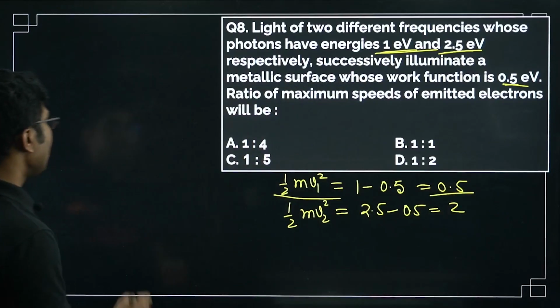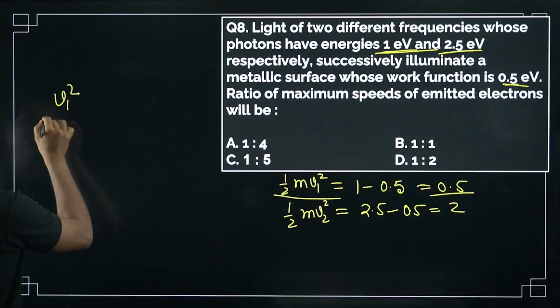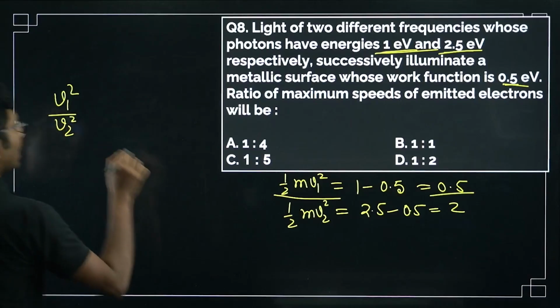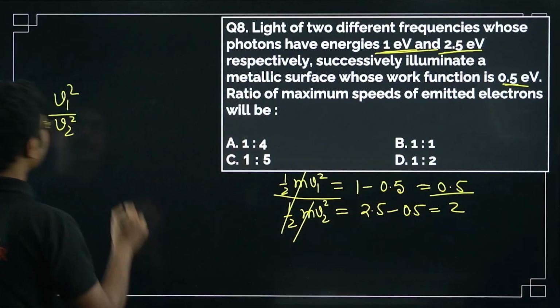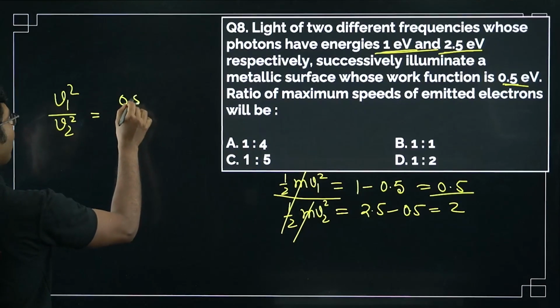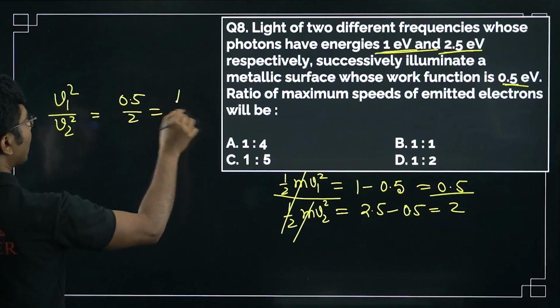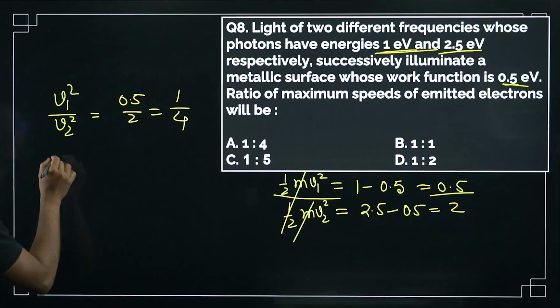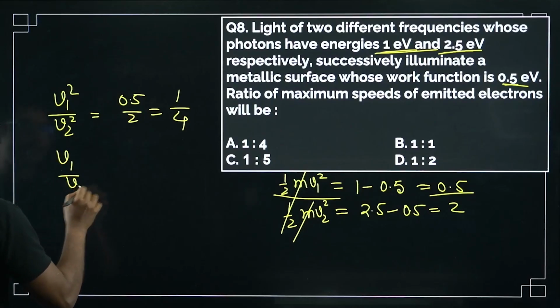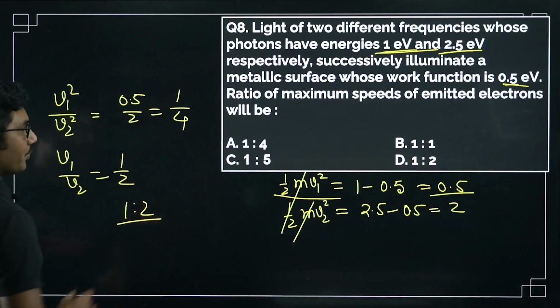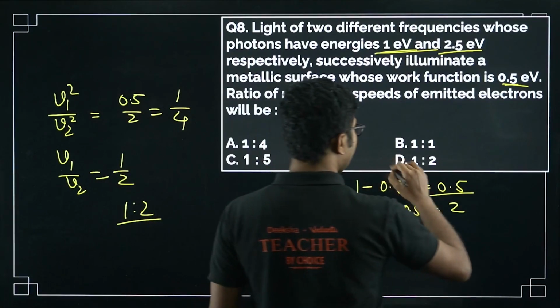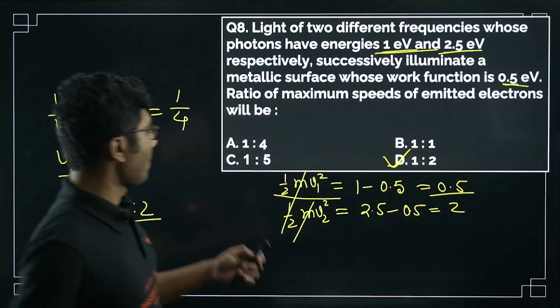So we will get V1 square by V2 square. Half m will cancel. So what we will get? We will get 0.5 by 2, which equals 1 by 4. So V1 by V2, the square root of that, equals 1 by 2. So the ratio is 1 is to 2. So 1 is to 2 is the answer for the question.